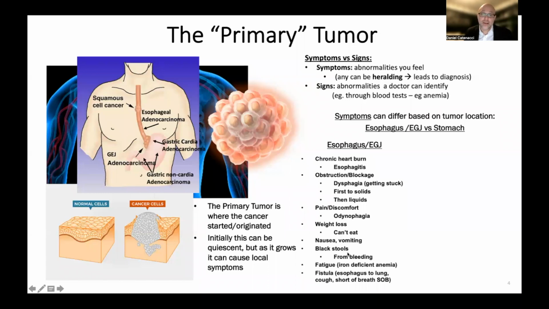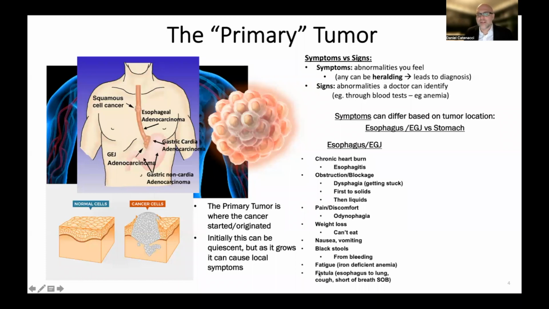In addition to that, as a consequence of blood loss, you can get an iron deficiency anemia, which is, again, a sign. You wouldn't know that, but if you had a blood draw, it would be seen by the physician. And as a consequence of anemia, you can have fatigue.